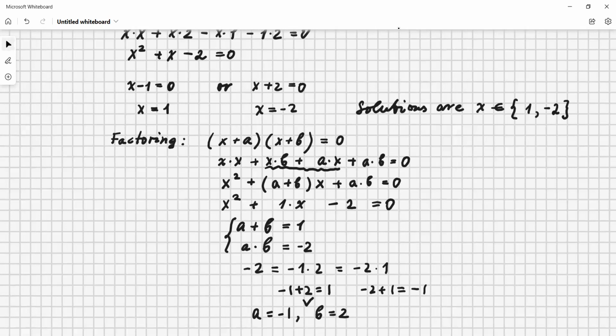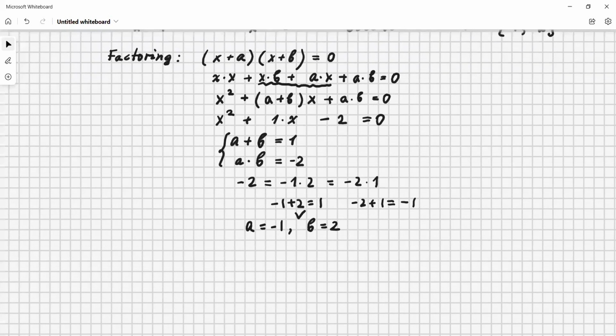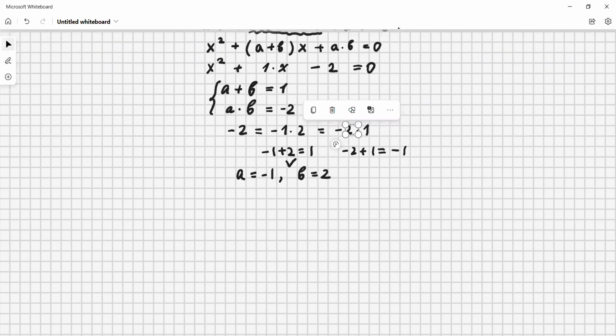Maybe we should do one example, just to make sure that everyone understands this. So example number 2. Let's have x squared minus 2x minus 3 equals 0.